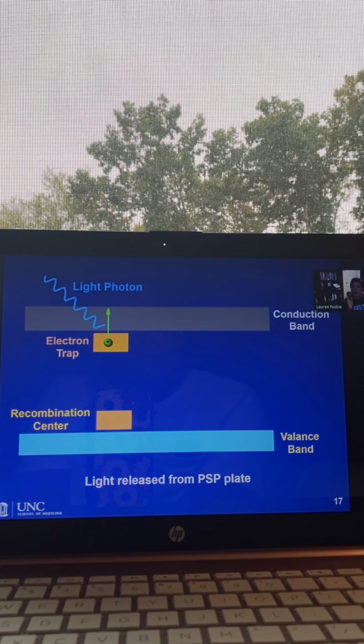X-rays go to electrons, electrons get trapped, the laser scans it, those electrons jump up out of those traps, and as they fall back down to what we call ground state, or recombine with their barium fluorohalide, they release light. That is our image data. So light gets released from the PSP plate when the laser scans it.